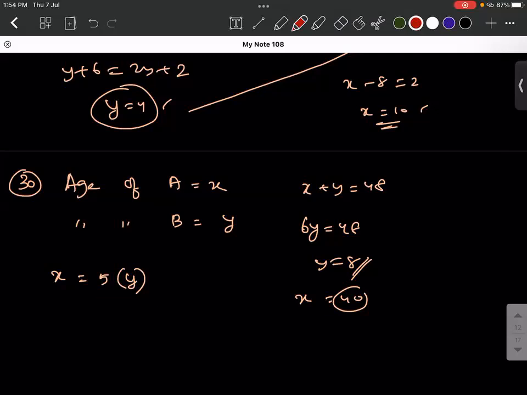So let the present age of A be x, which is equal to 5 times your age when I was as old as you are now. But how many years back was it? x is equal to 5 into (48 minus x). That should have been the answer.